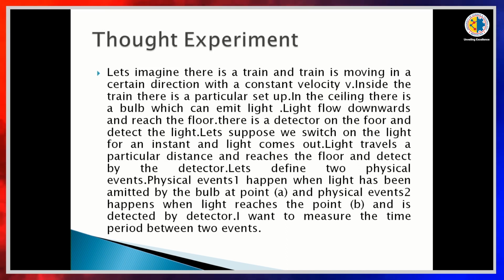Let us define two physical events. Physical event 1 happens when light is emitted by the bulb at point A, and physical event 2 happens when light reaches point B and is detected by the detector. I want to measure the time period between the two events.